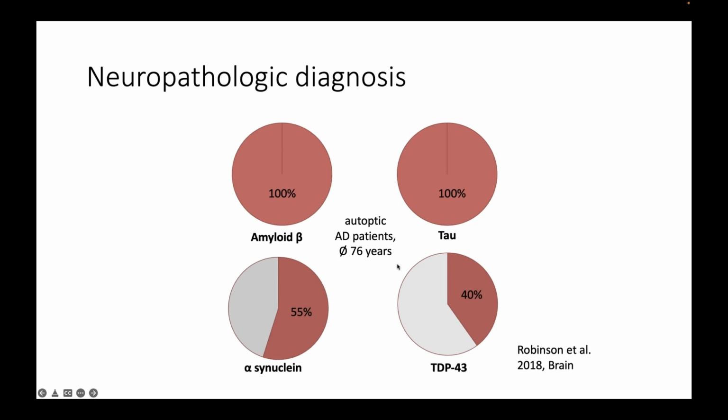And for the Alzheimer's patients, we saw that although amyloid and tau were in 100%, because this was also the definition of the diagnosis, we also saw 55% alpha-synuclein, which we know from Parkinson's disease, and 40% TDP-43. So we still have other neurodegenerative processes that take place even in the gold standard diagnosed Alzheimer's patients.